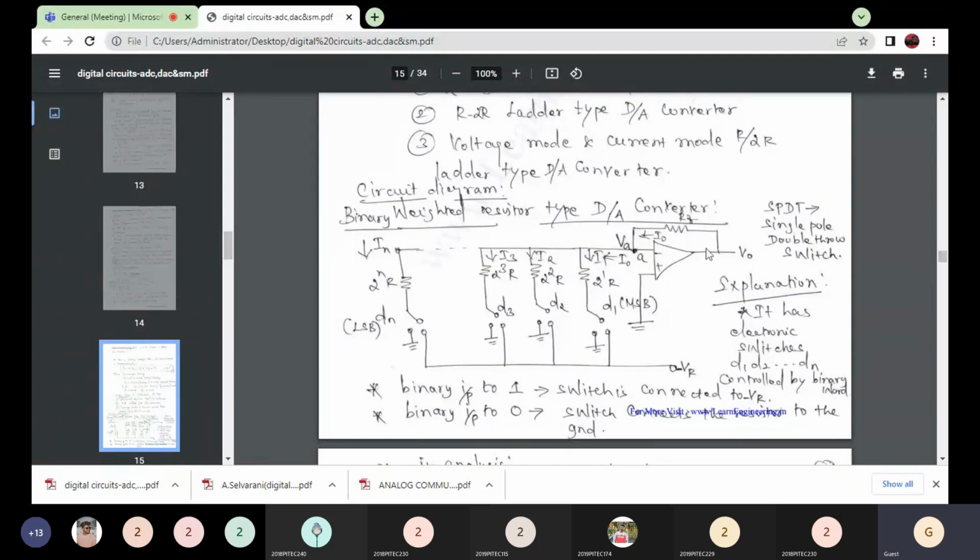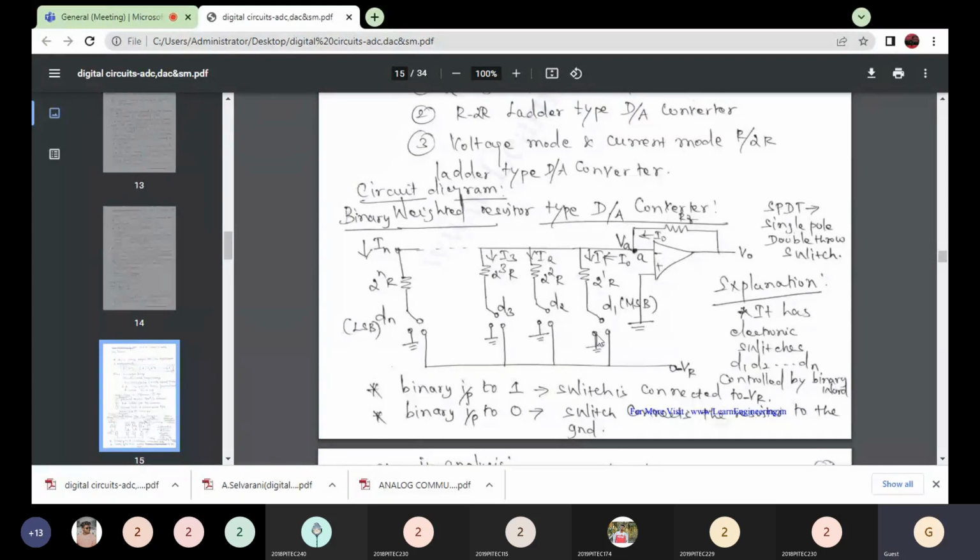But in this converter we use the single pole double throw switch. Using this switch means the input should be a negative voltage, so we give a negative reference voltage, depending upon the binary word.